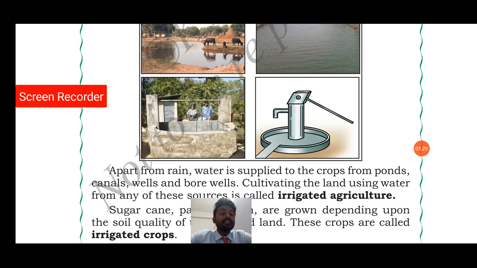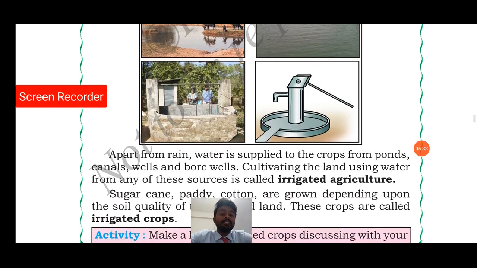Cultivating the land using water from any of these sources is called irrigated agriculture. Which sources?